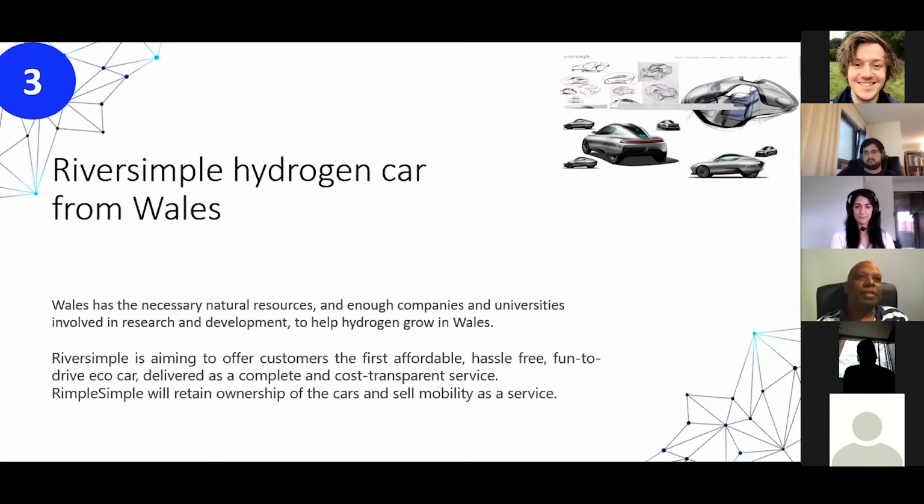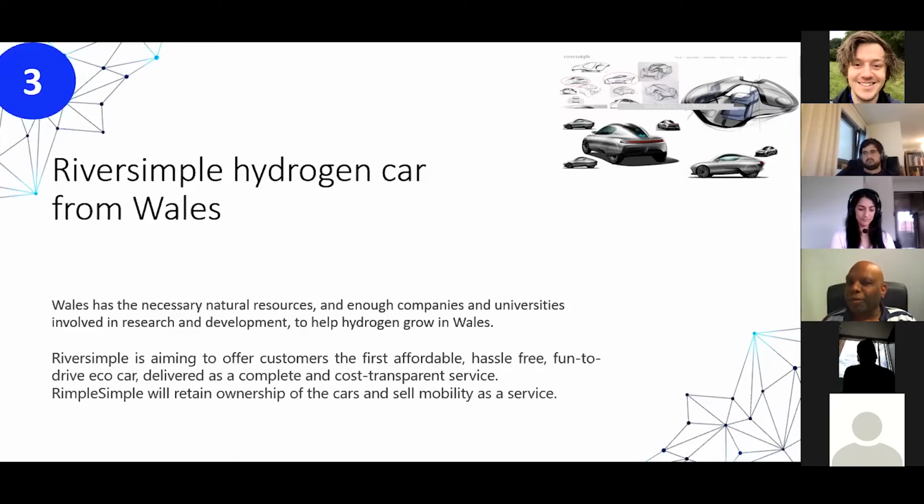River Simple is a hydrogen car company, very interesting. Obviously, it costs a lot to hire a hydrogen cell along with a car, or buy a car with hydrogen cells. So what they have done is they have started a model for their business where it is a pay as a service kind of model.